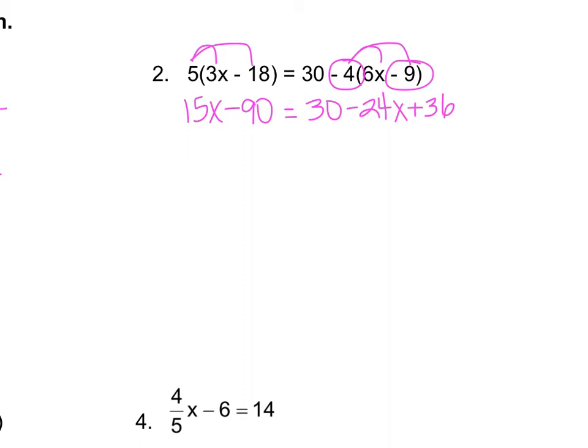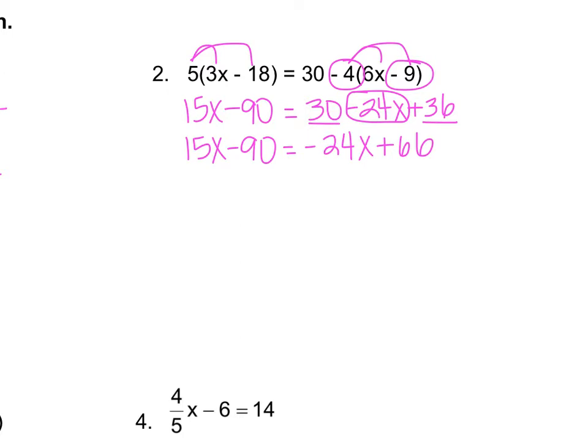If you look at the right side, notice we're able to combine 30 and 36. So I'm just going to rewrite that, and then I'm going to have negative 24x plus 66. And again, always look at the sign in front of each term.